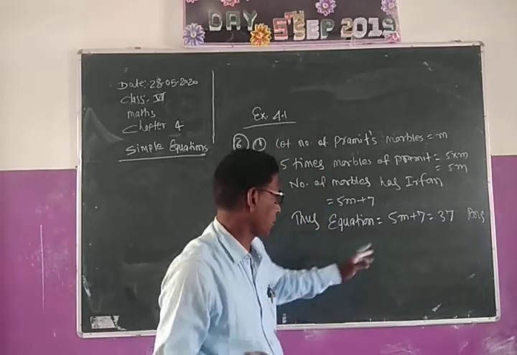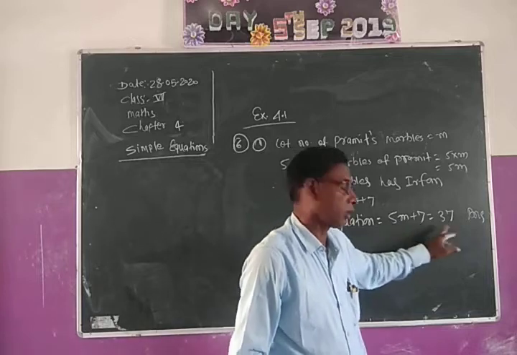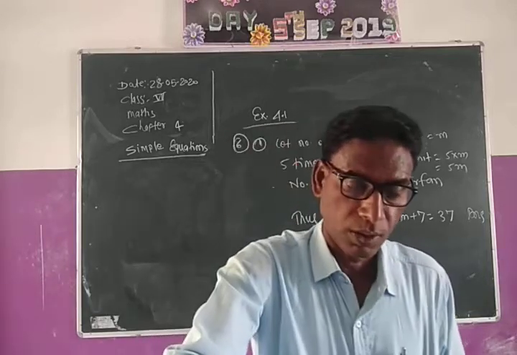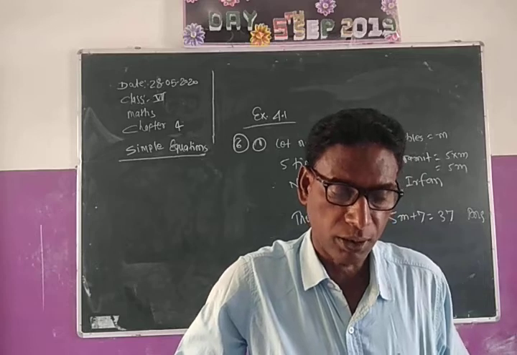Therefore, the equation is 5m plus 7 is equal to 37. Now you will solve your next question.